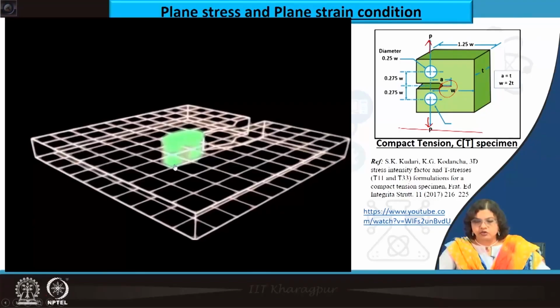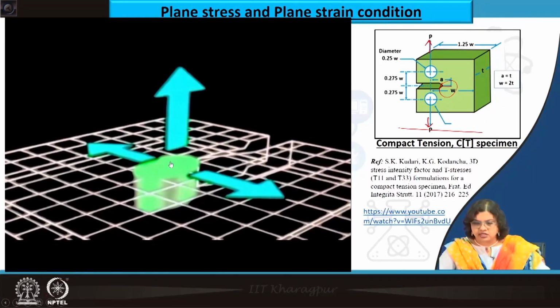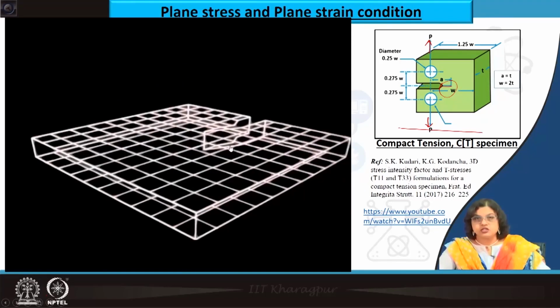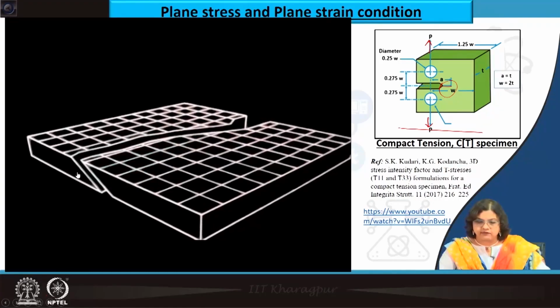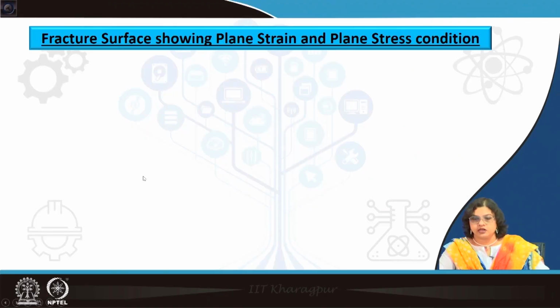Now, when we are talking about the thin component, you see the plastic zone here is pretty big, encompassing the entire thickness, and we are applying the tensile stress along this direction, which leads to a stress perpendicular to it, which however is 0. And then there is a shear stress also at 45 degrees, and accordingly the crack will move along the shear planes, and that will lead to a slant fracture surface. So, that is what we essentially see in case of plane stress or plane strain condition.